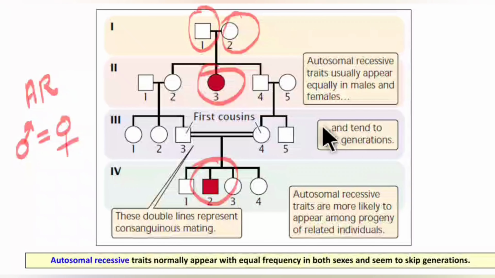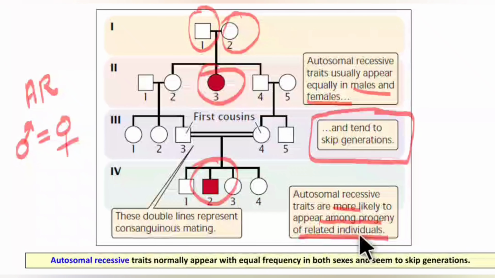It means they tend to skip a generation. An autosomal recessive trait tends to skip generations, and there are equal chances of appearance in males and females. Also, autosomal recessive traits are more likely to appear among progeny of related individuals. These are the characterizing features of autosomal recessive.